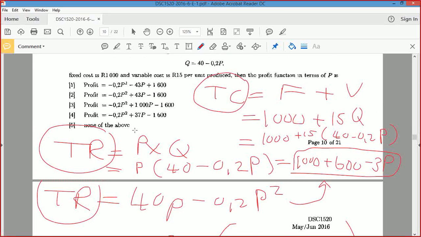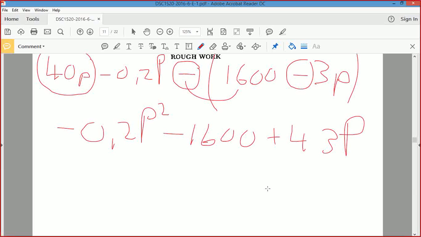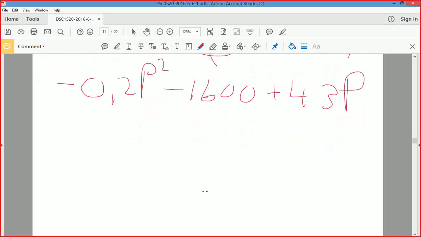I need to see the answer again. Minus 0.2p squared minus 1,600 plus 43p. It's option 2. Yes, option 2.